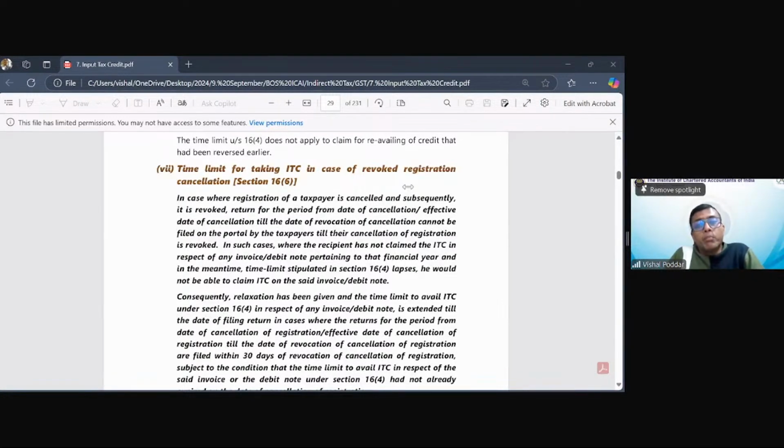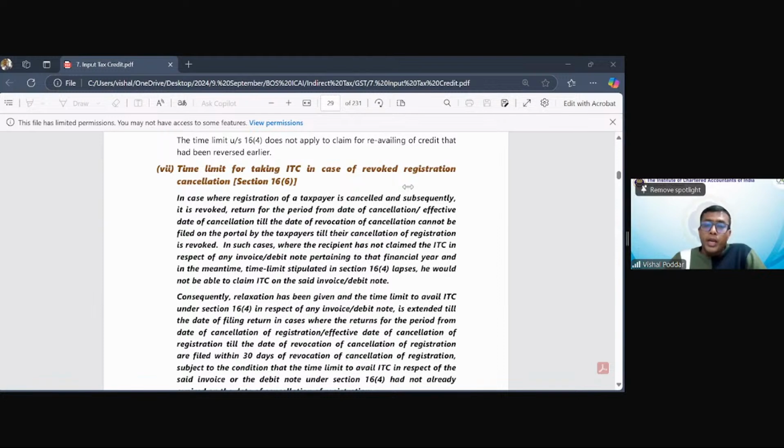But what happens? Because of some default at my end, the GST department cancels my GST registration. So my GST registration is cancelled, let us say from the month of January 2025.